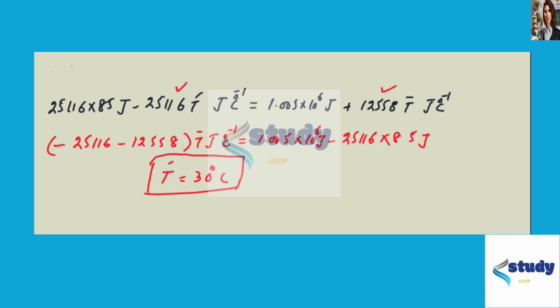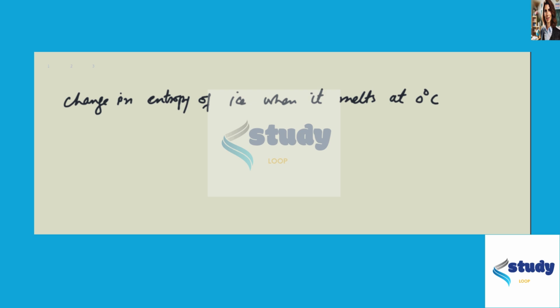Now we can easily calculate the change in entropy of ice and the change in entropy of water. So first we will calculate the change in entropy of ice when it melts at 0 degree Celsius.